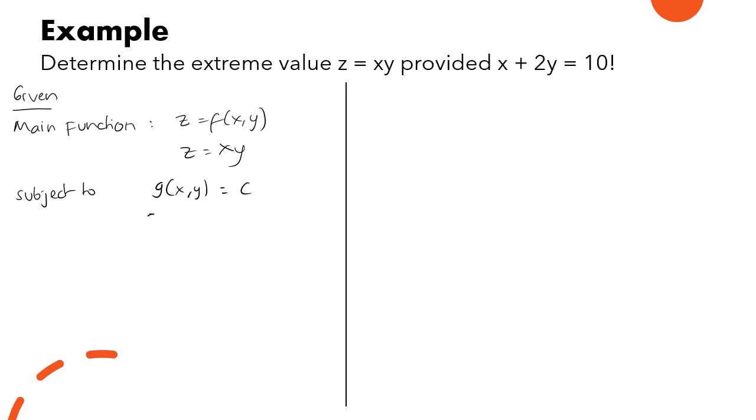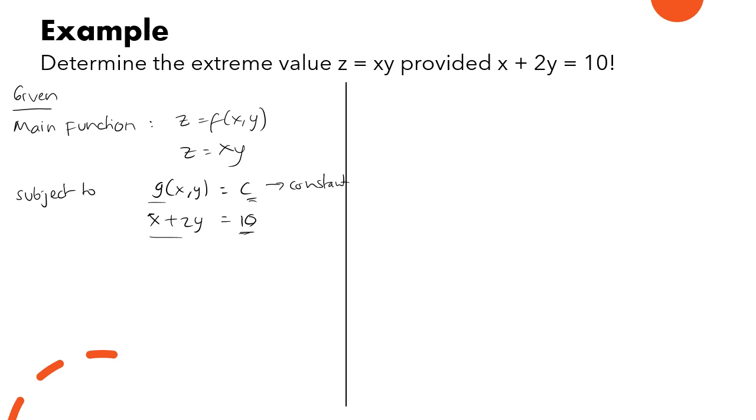This is x plus 2y equals 10. So c here is a constant. So we have here g and c.